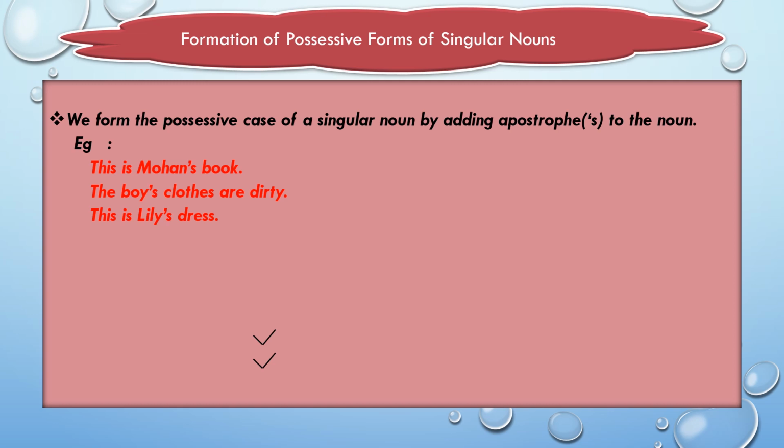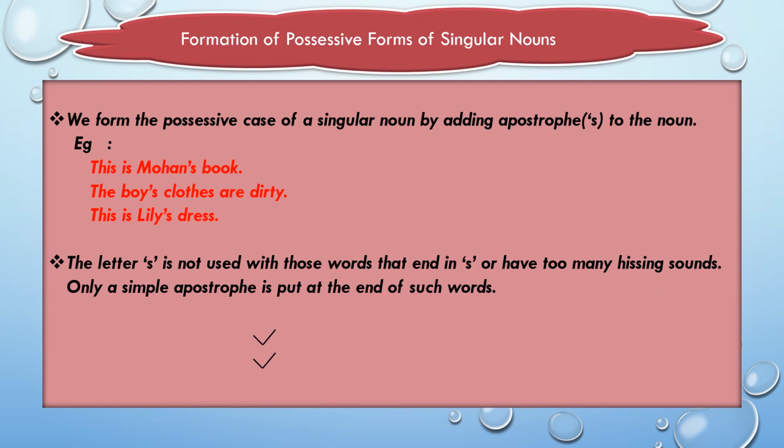Now let's see how to form the possessive case of the nouns which end with s. The letter s is not added to those words or nouns that end in s or have too many hissing sounds. Only a simple apostrophe is put at the end of such words. See the examples.